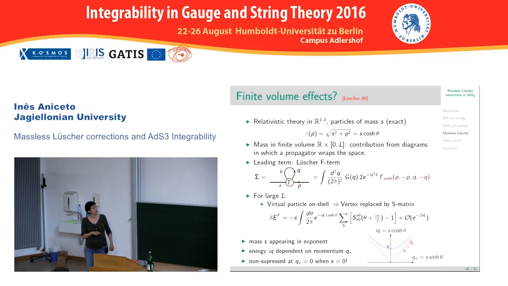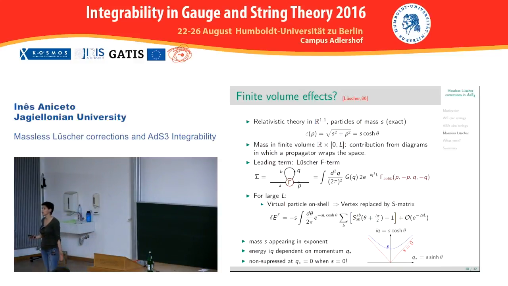If I do this, the virtual particle that I was wrapping around the cylinder becomes on shell, and this vertex can be substituted by the S matrix. In terms of the rapidities, this is the shape that it comes in, and you can see that this exponential has the mass there.